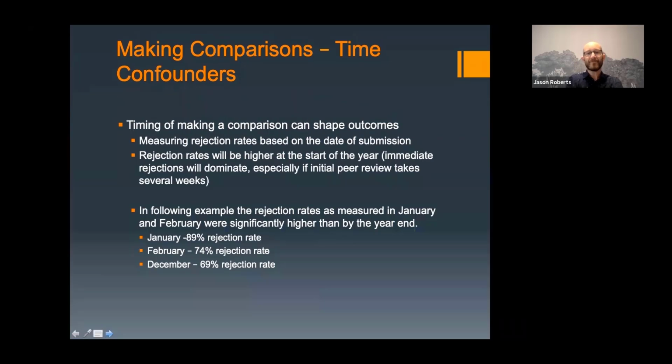Okay. The timing of making a comparison can shape outcomes. So this is one point that I dwell on particularly, as I see this done so often, and I cannot agree with this approach: people measure rejection rates, annual rejection rates, based on the date of submission. So what do I mean by this?